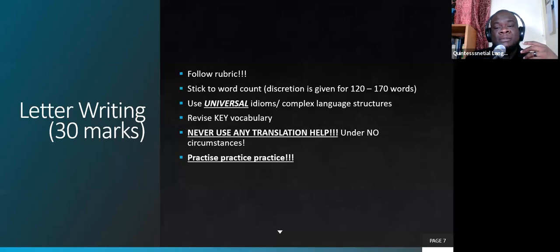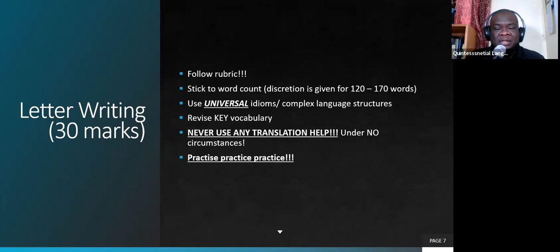There's something called subject reports. So each year when you all do the exam, there's an overall exam report on how persons did, but there's also a subject report. And in this subject report, CXC says, this is how persons performed in the CSEC exams of this year, whether January, May, June, etc. And time and again, I've seen in these where they say, listen, we allow for between 120 to 170 words.